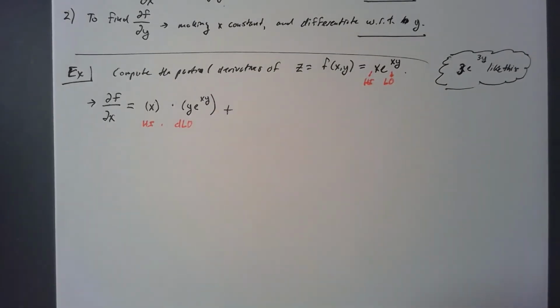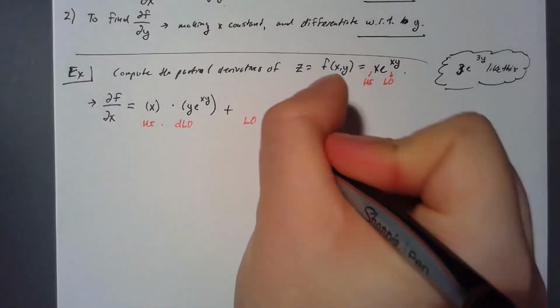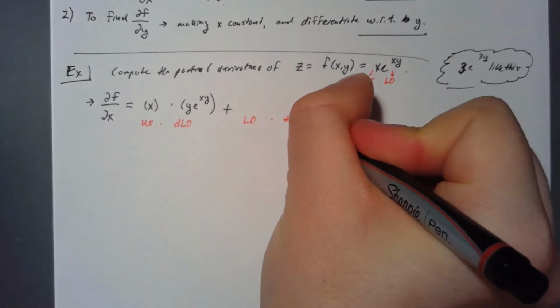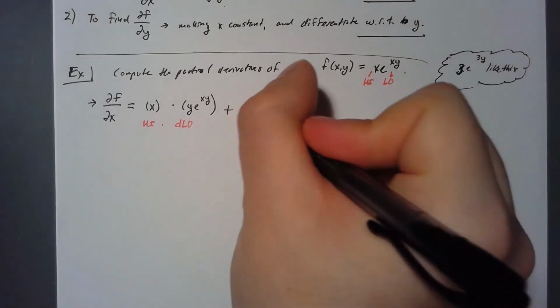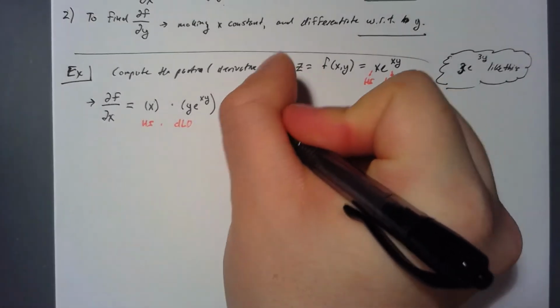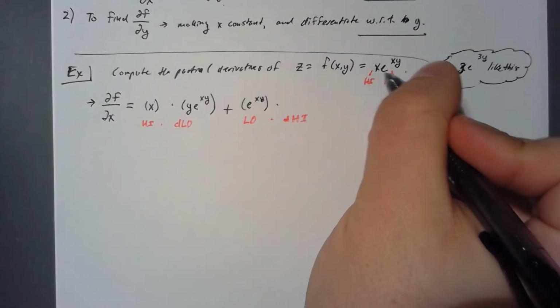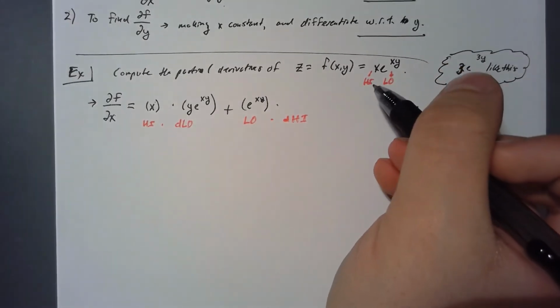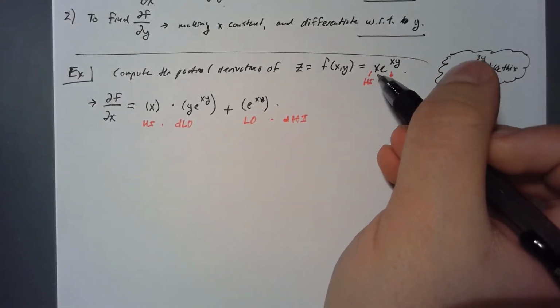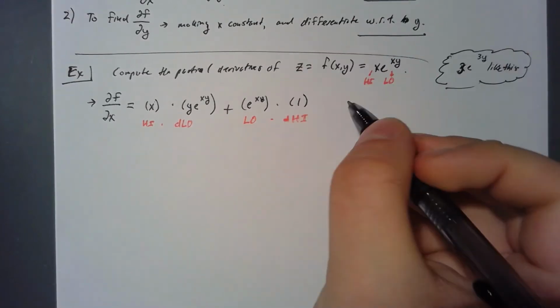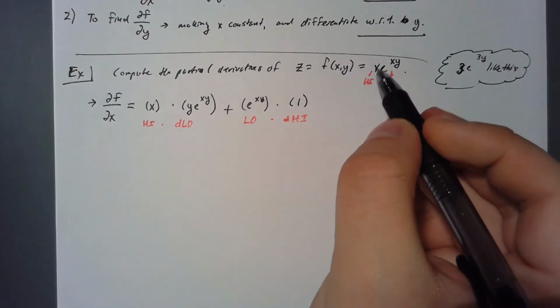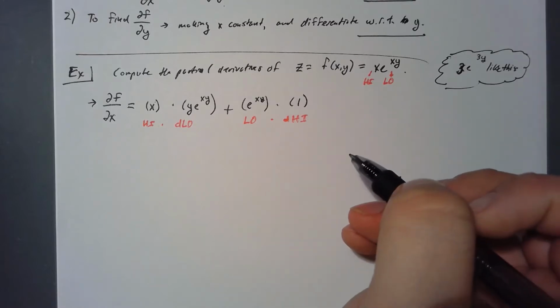So high d low plus low d high. So low is just e to the xy times d high. Well, the derivative of x with respect to x, that's 1. In this case, I'm differentiating with respect to x, so this will be 1.